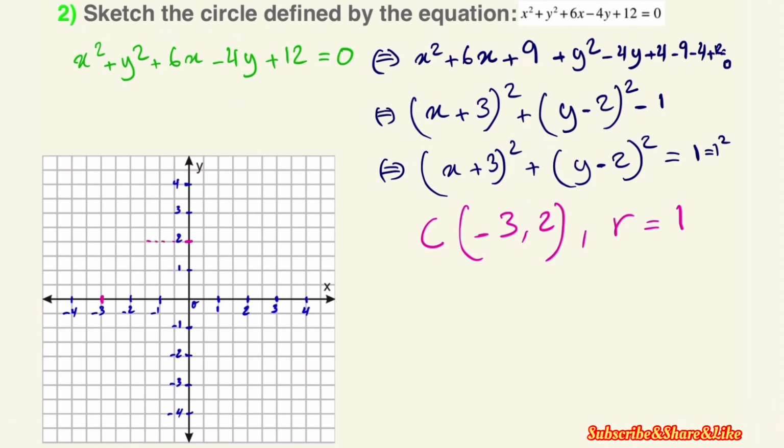So this is the center here. It will be (negative 3, 2), and the radius is 1. So the circle is just going to be something like this. 1 is just here, so it will be something like this.